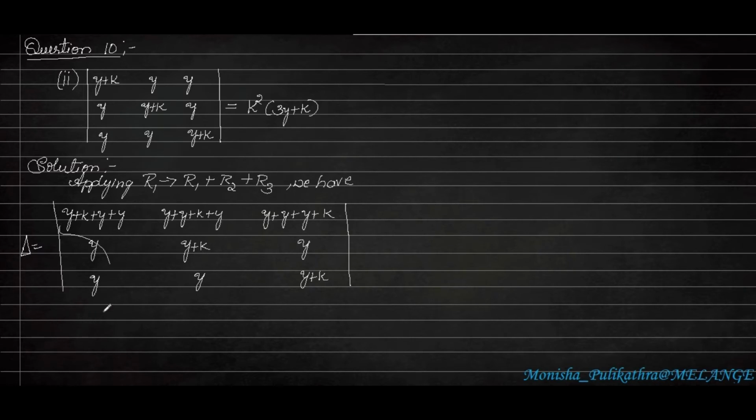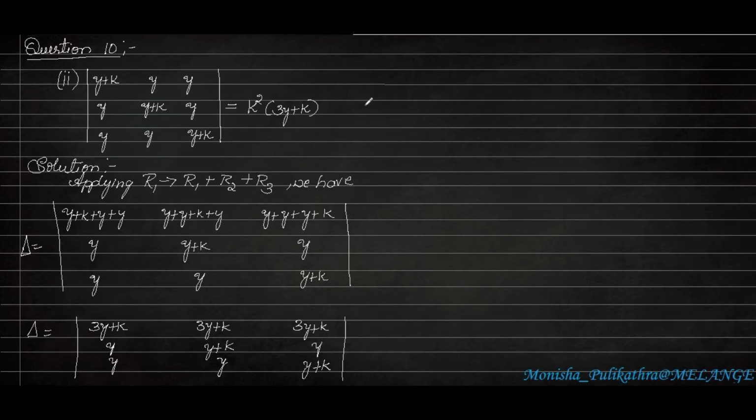So delta is equal to, the remaining, y plus y is 3y plus k. The same thing here also, 3y plus k and 3y plus k. The second and the third rows we write as it is, y plus k, y and y plus k. Okay, so these are the changes we bring from applying the first rule R1 to R1 plus R2 plus R3.